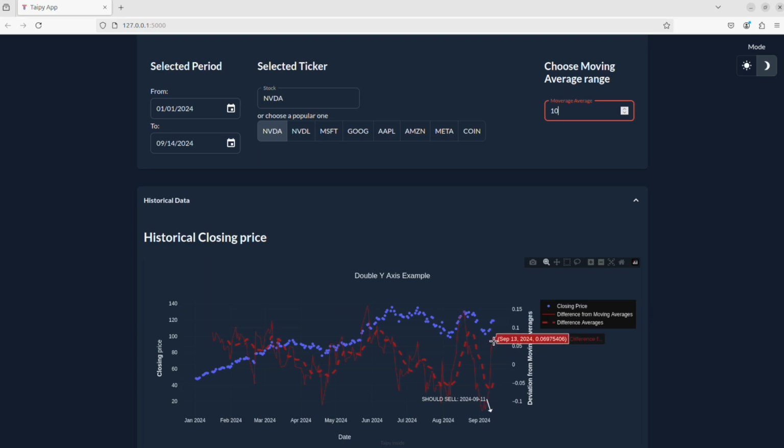But that day, when I said you should sell on September 11th, even though on September 12th it went up a little bit more, we can take a look at the actual price for that day. September 11th, it was $117, and then September 12th, it went up to $119.